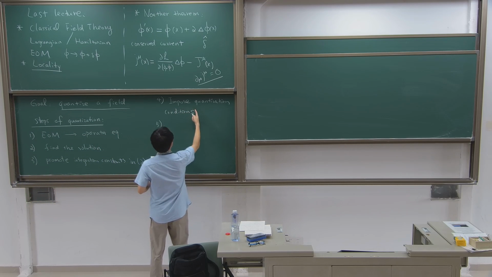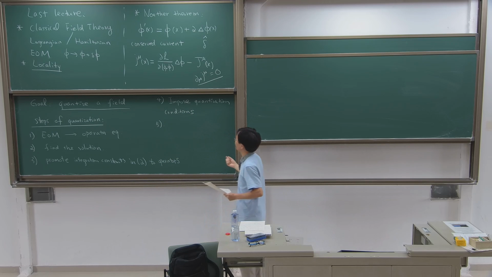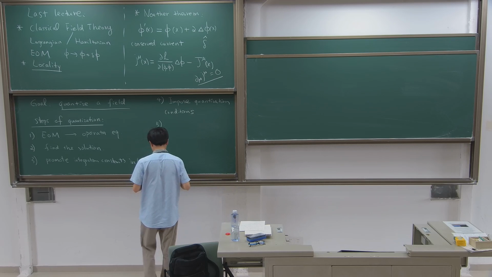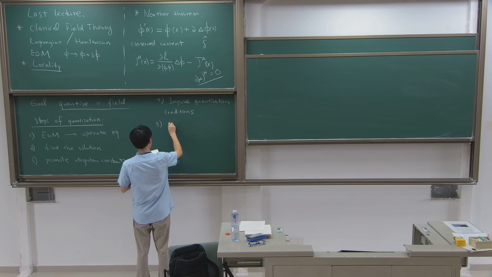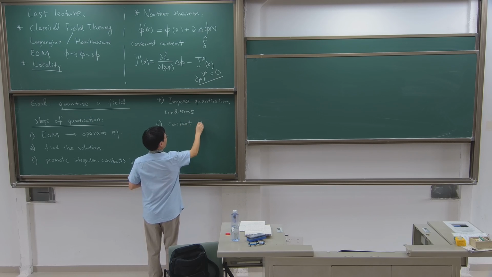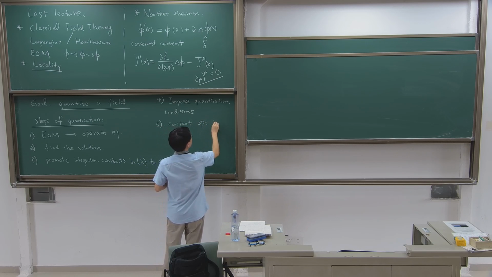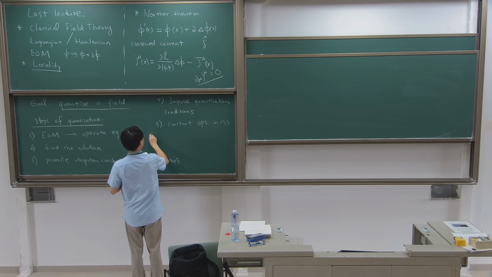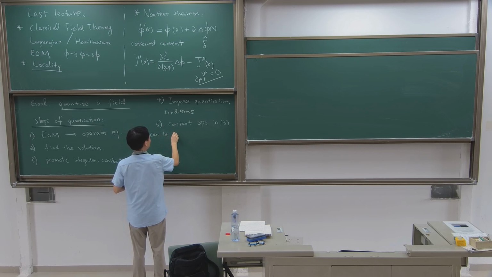After we get all these commutation relations for those operators, we try to build up the Hilbert space, just using these constant operators.